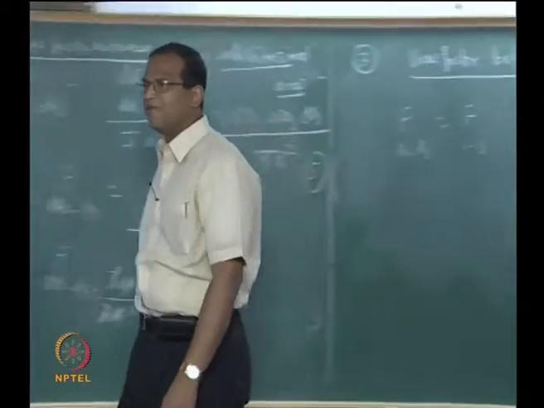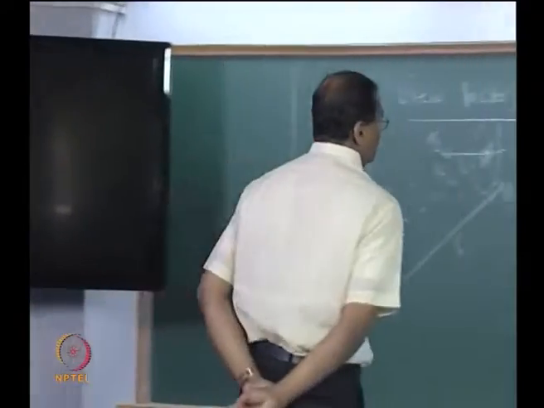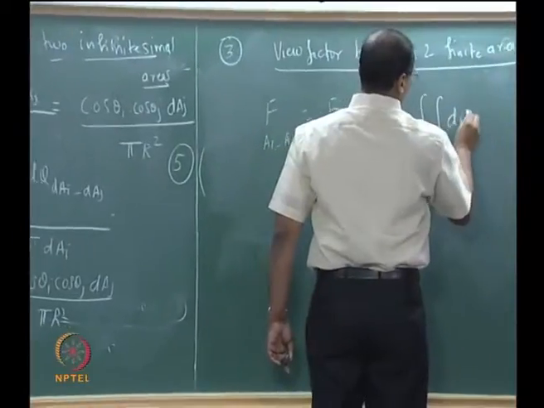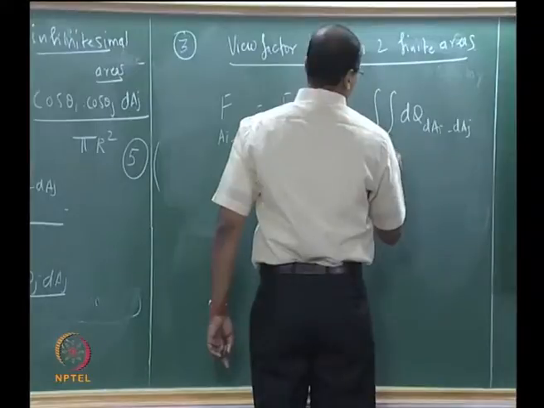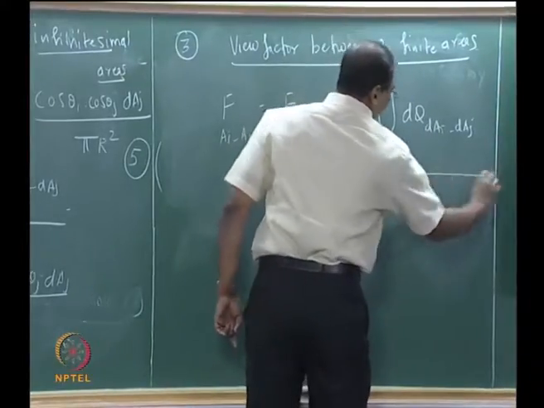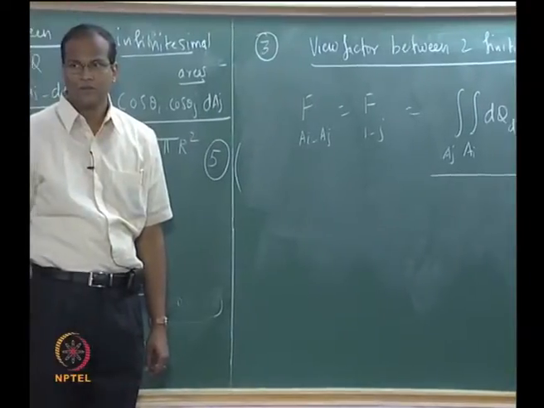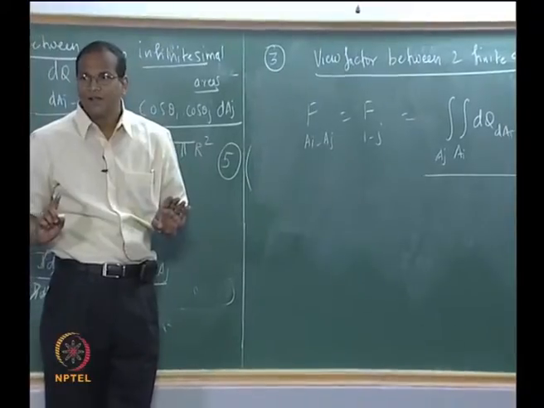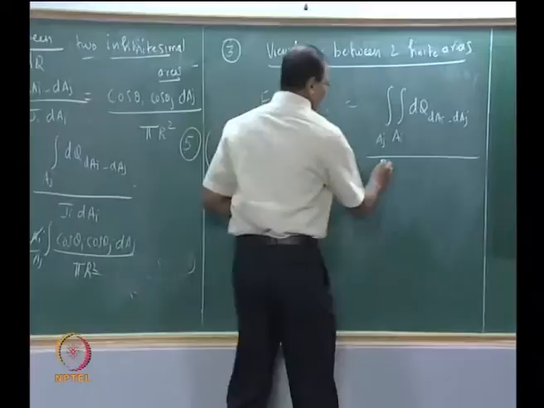Instead of saying each time F of dAi to Aj, I can just say F of i to j. Divided by integral j.